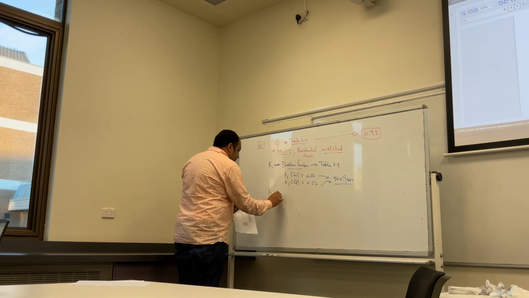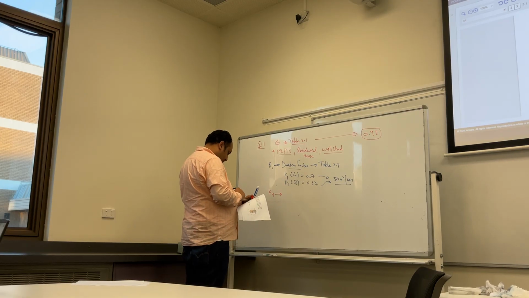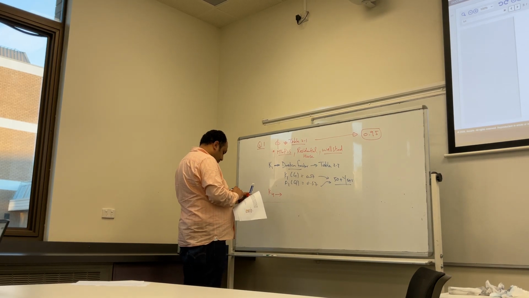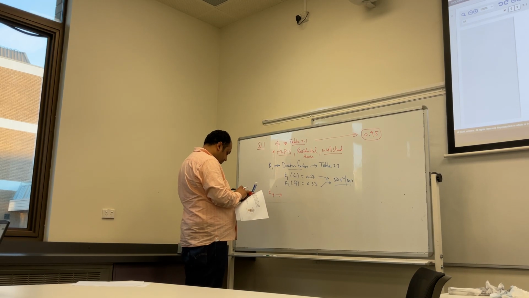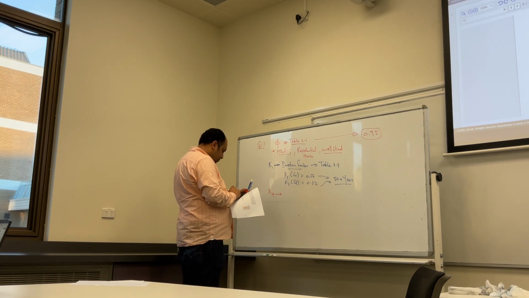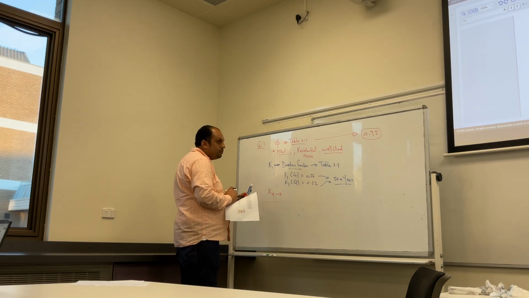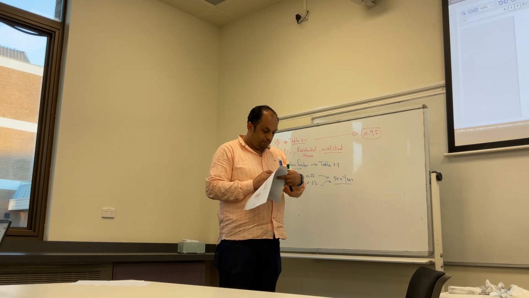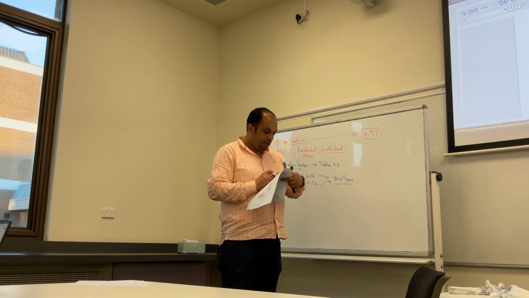So K4. Wait. No way, I lied. Double check: 0.9. Yeah, K4, 0.9.